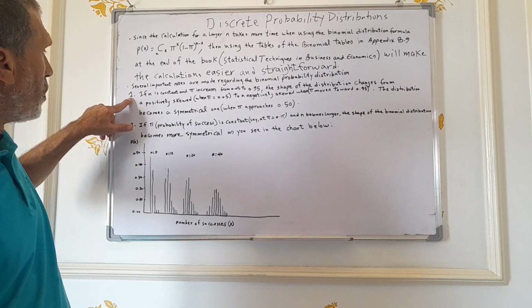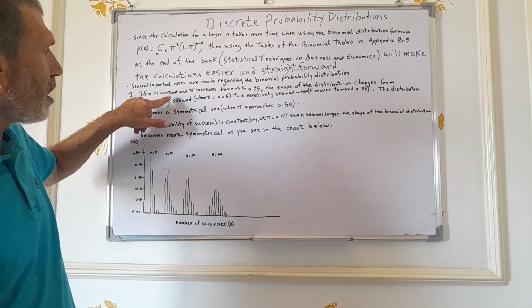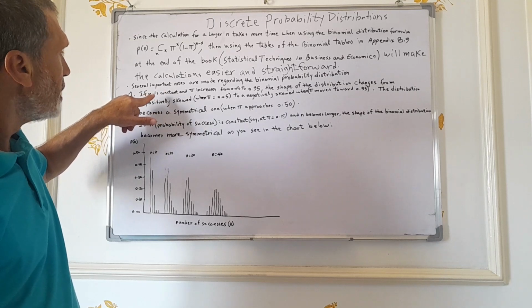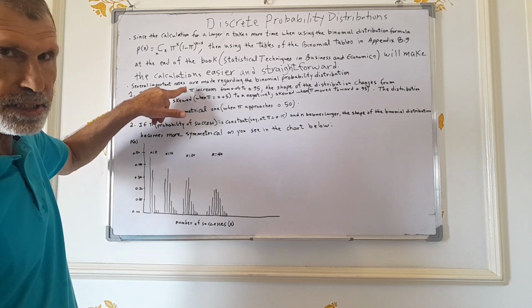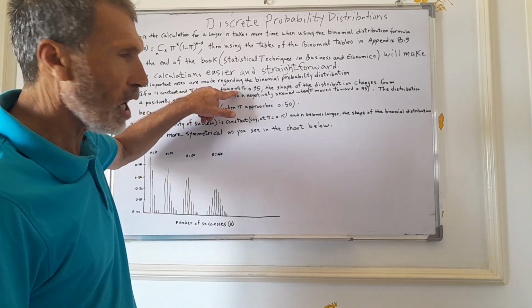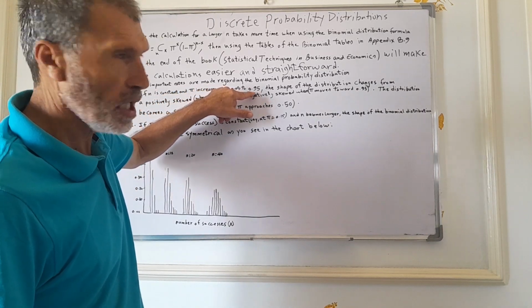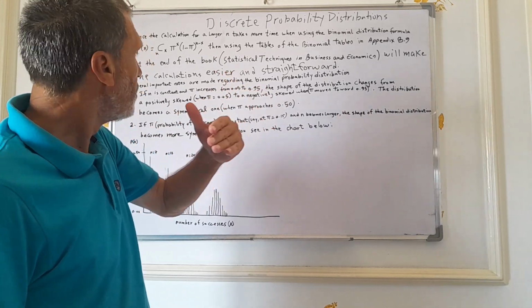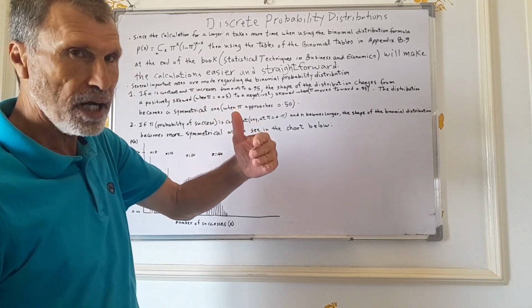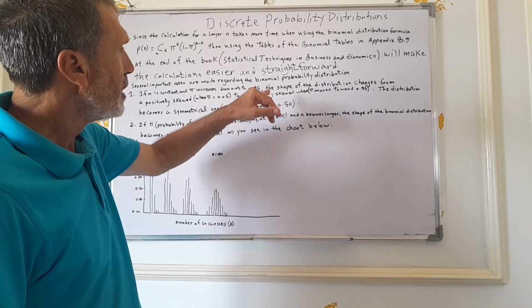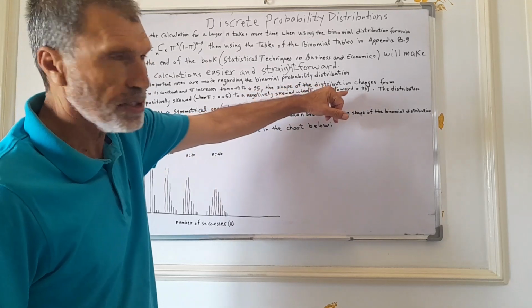The first note is that if n is constant, the number of trials is constant, and pi, the probability of success, increases from 0.05 to 0.95, the shape of the distribution changes.